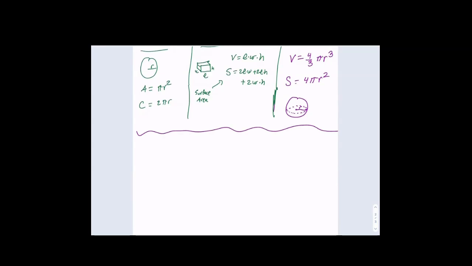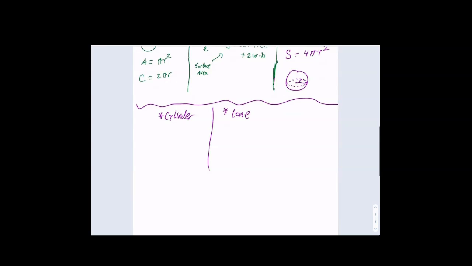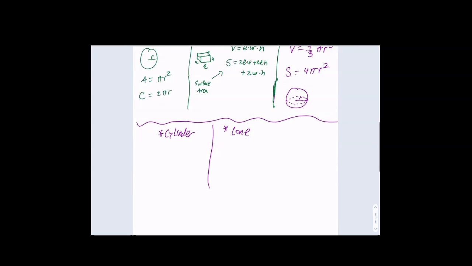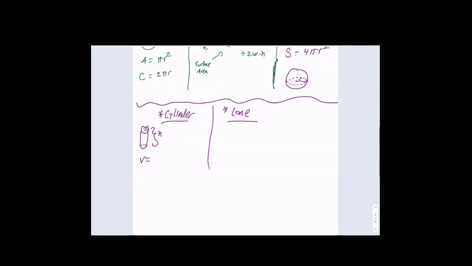Finally, we also have the cylinder, and we have the cone. The volume of the cylinder is just the area of the base, which is pi r squared, times height.